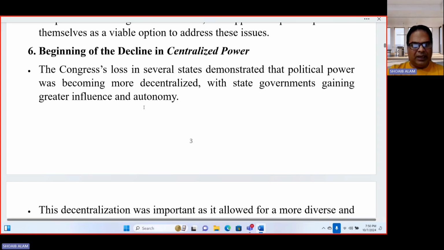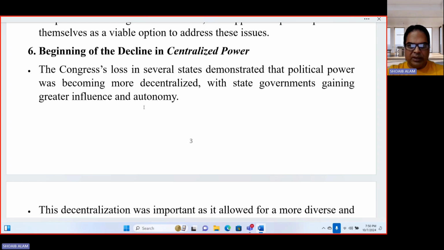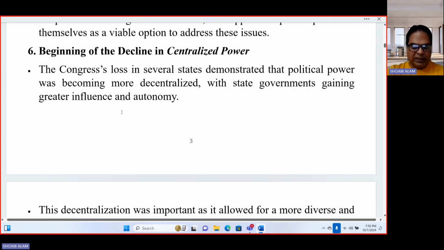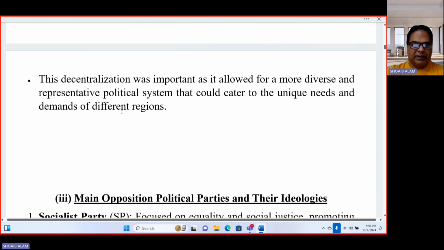They could not form their government, or they formed it with a very small majority, or with the help of coalition partners where they could not be dominant in state politics. Decentralization was also important, as it allowed a more diverse and representative political system that could cater to the unique needs and demands of different regions.